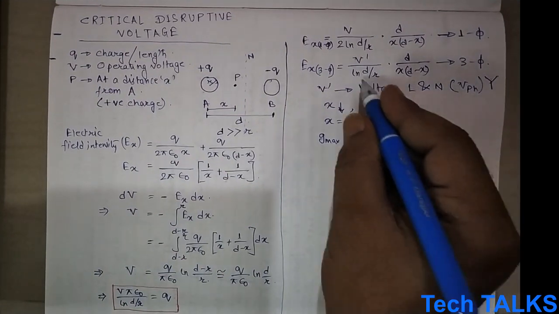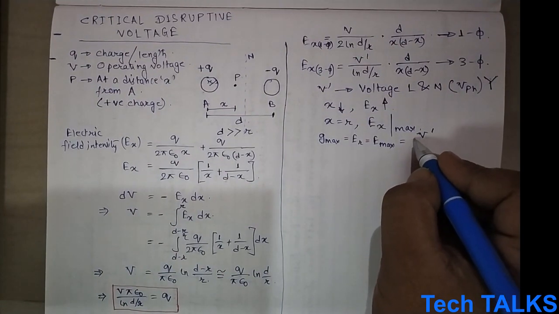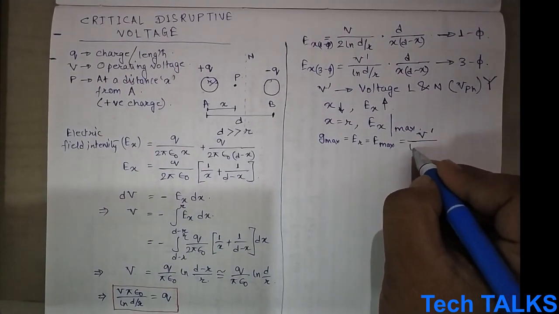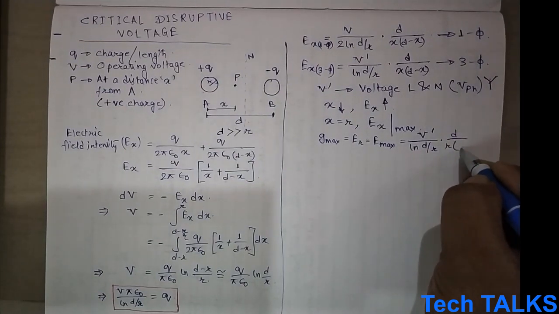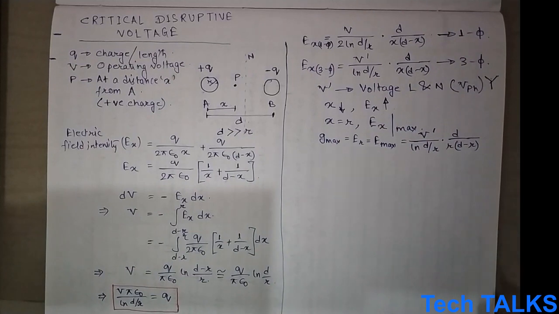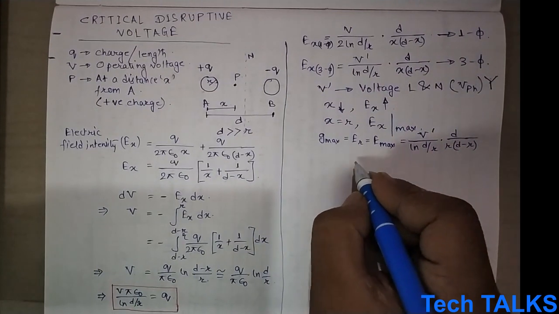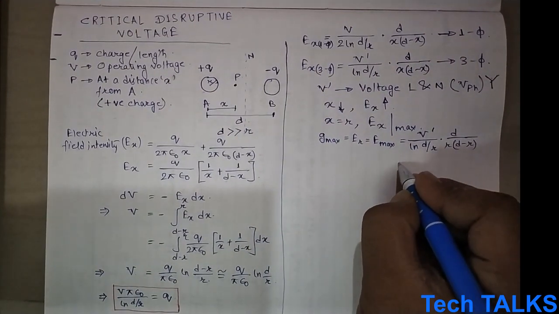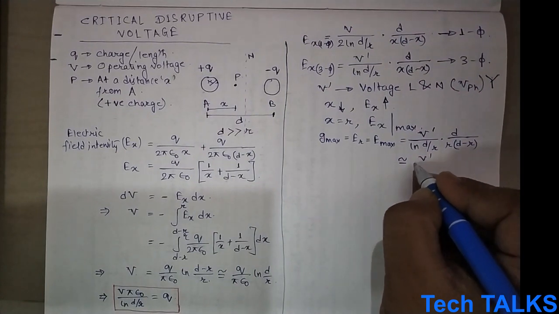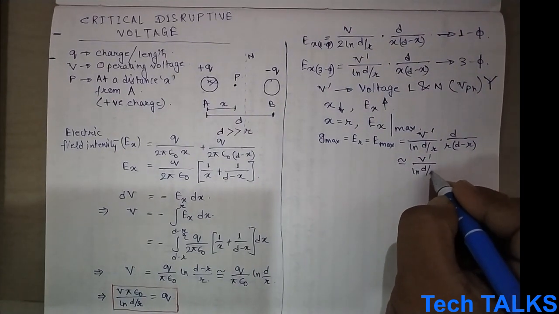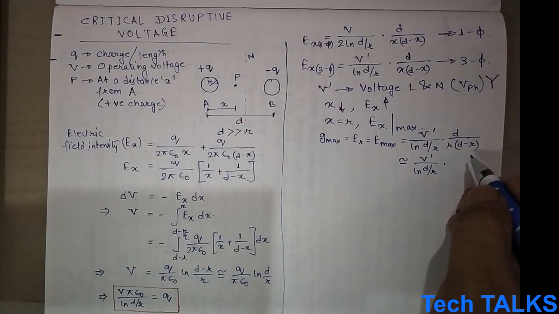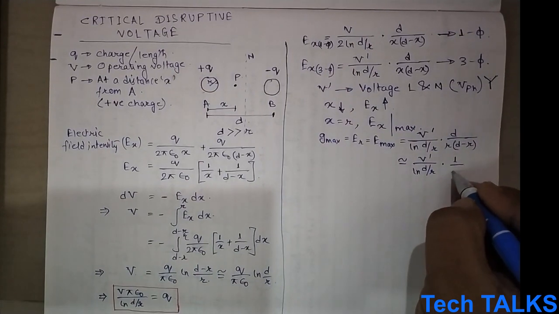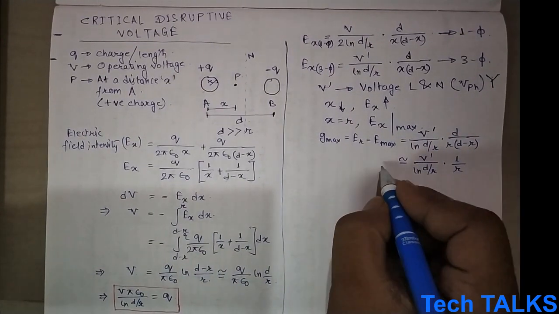Okay, and this is nearly equal to V dash by ln d by r into 1 by r, since r is very small with respect to d. So this is the value of E max. Why does this happen? As described earlier, because d is quite greater than r, so we can neglect this r, and this d cancels out.